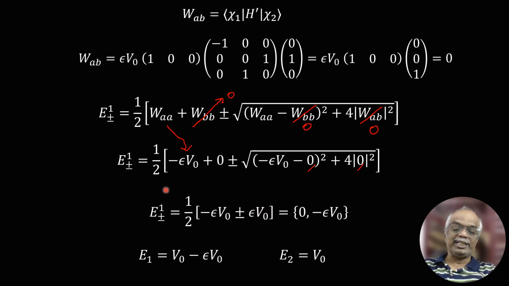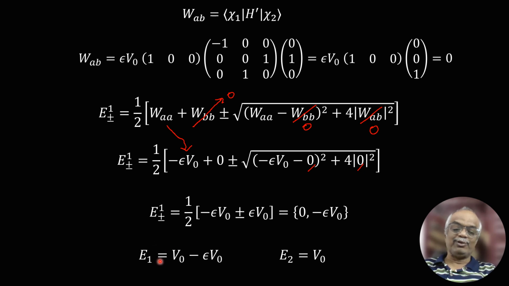So now the energy correction is, if this is plus, you will get 0. If it is minus, so minus epsilon v naught minus epsilon v naught, you will get minus 2 epsilon v naught. This 2 will get cancelled, and you will get minus epsilon v naught.